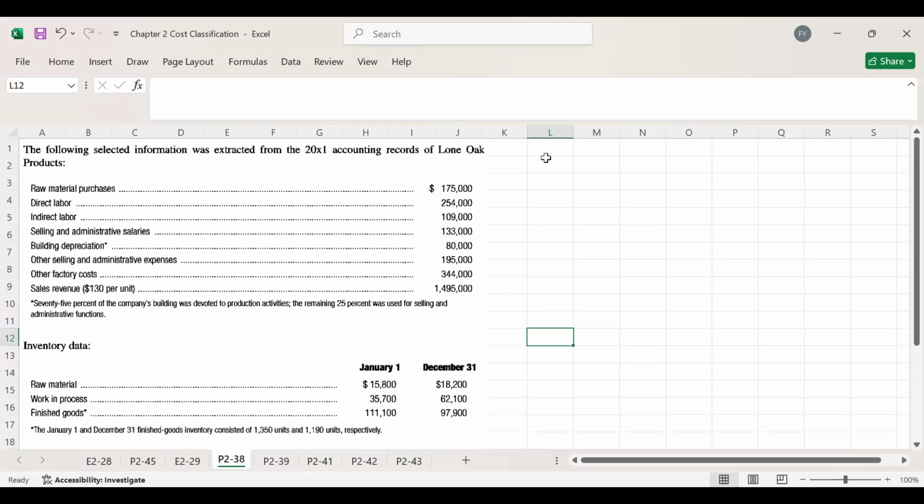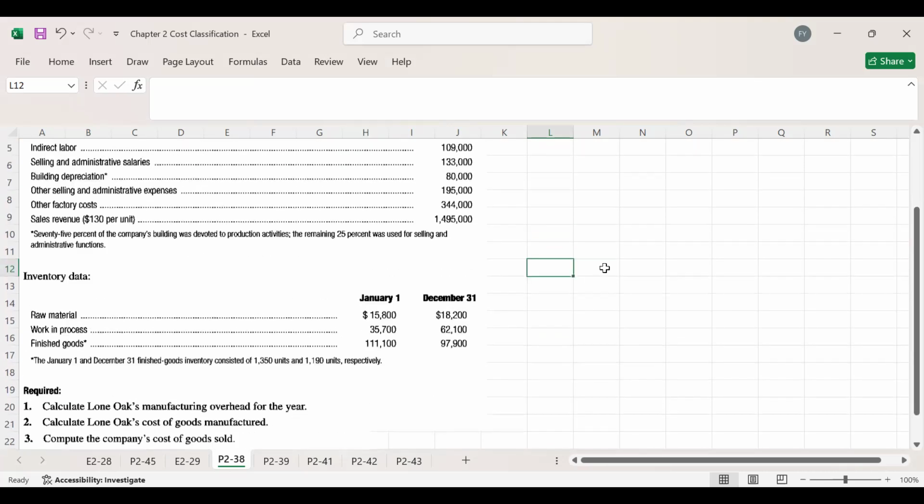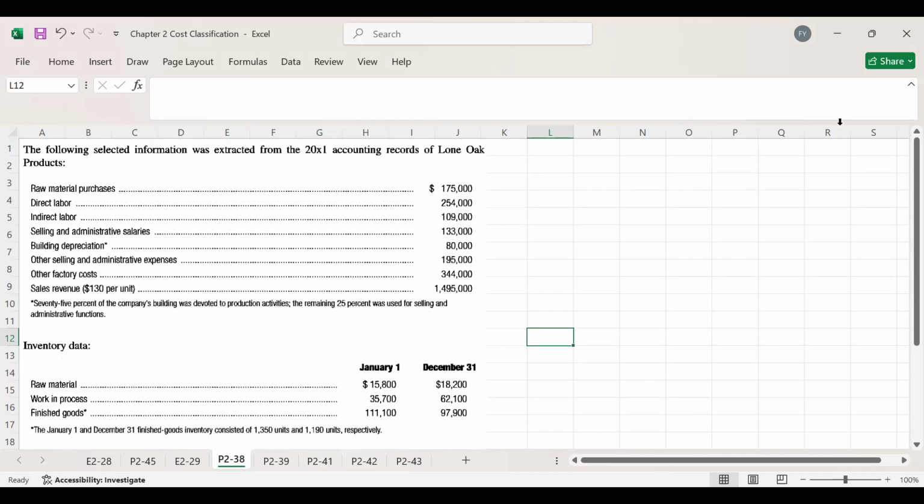So the first requirement is to prepare manufacturing overhead, or MOH, or you can say factory overhead. Here miscellaneous data is given, and we can see that raw material purchase is not part of manufacturing overhead.